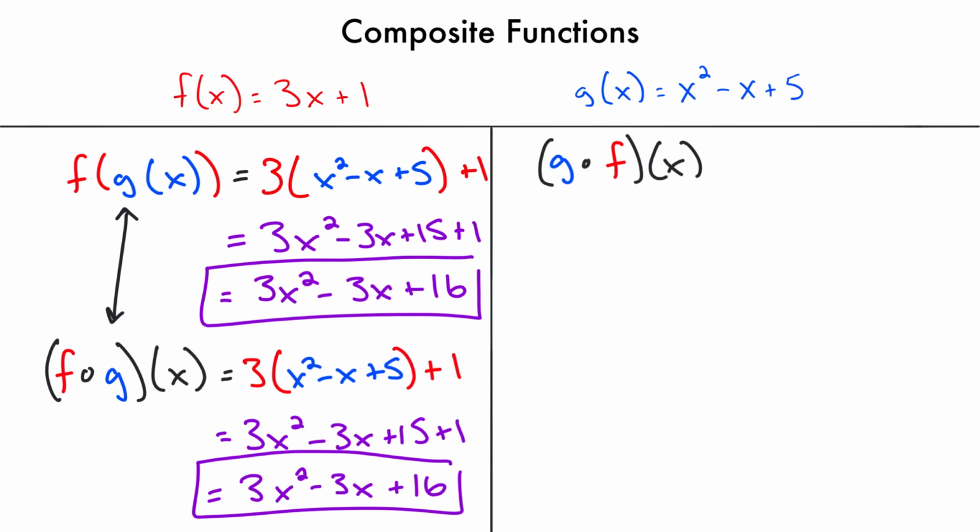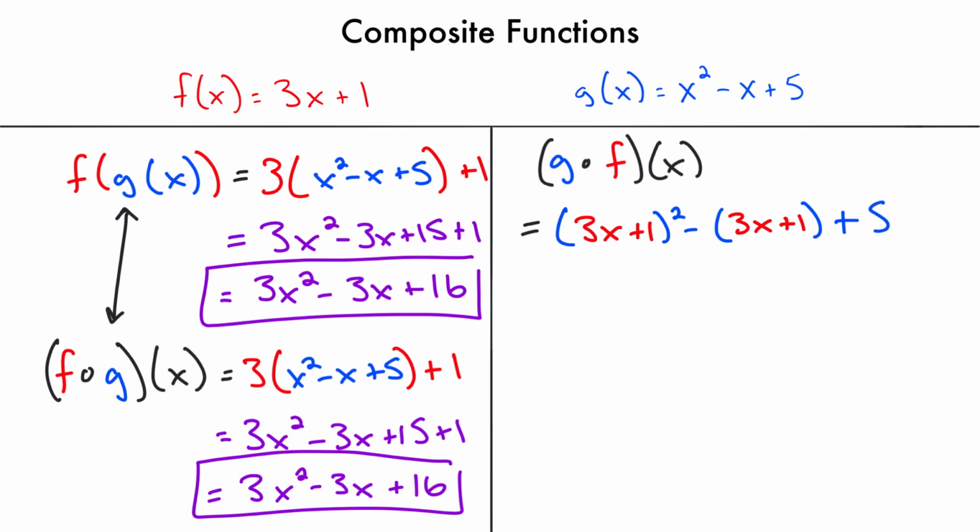So this is going to be equal to (3x plus 1) squared minus (3x plus 1) plus 5.